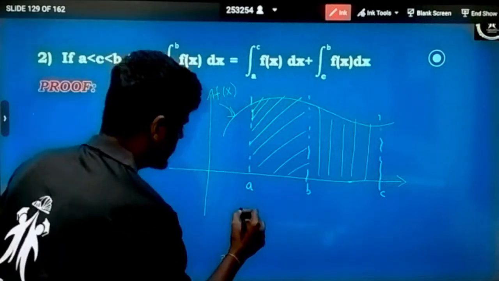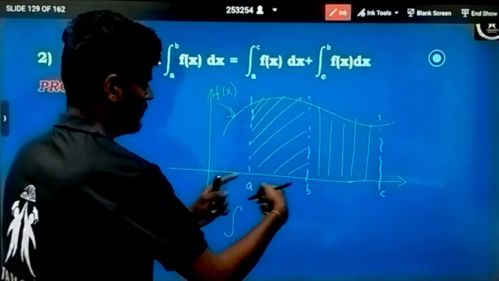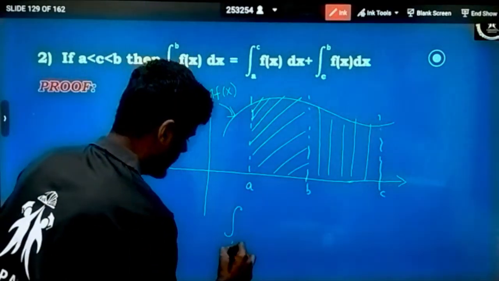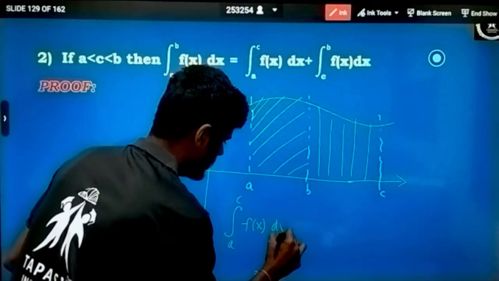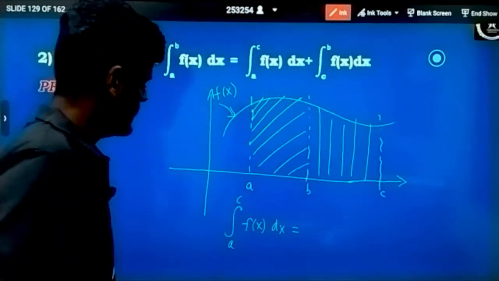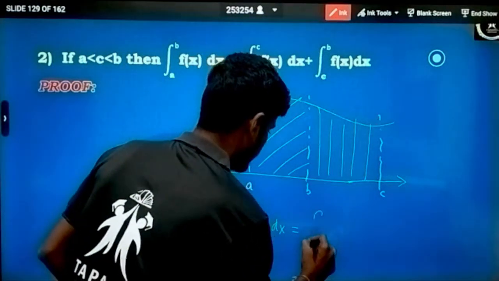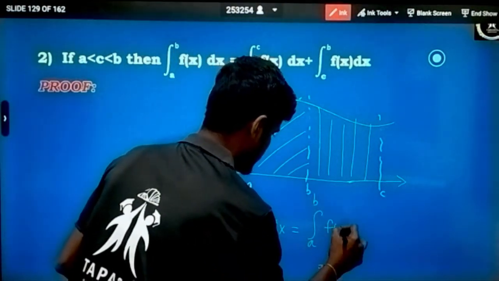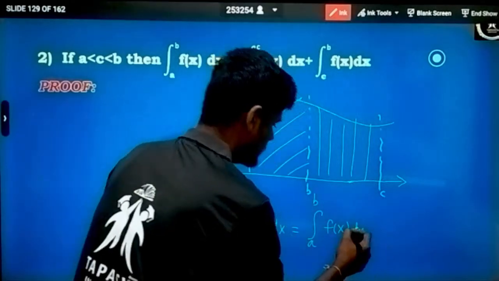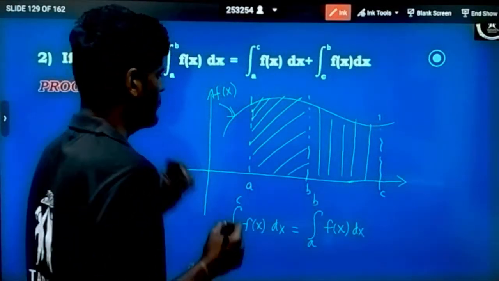That means we can write the integral from A to C of f of x dx as the integral of a to b of f of x dx. What is this value? It gives the area of the function.